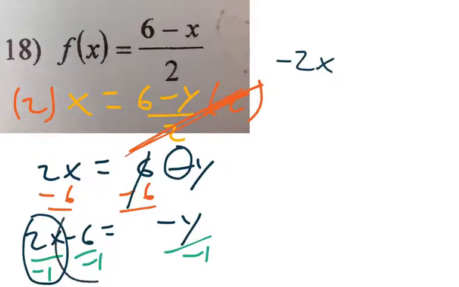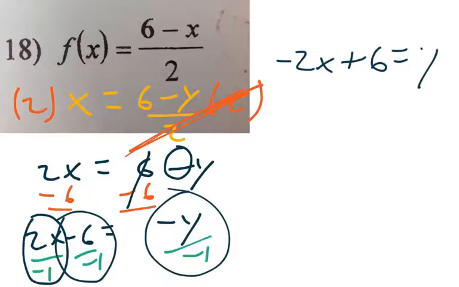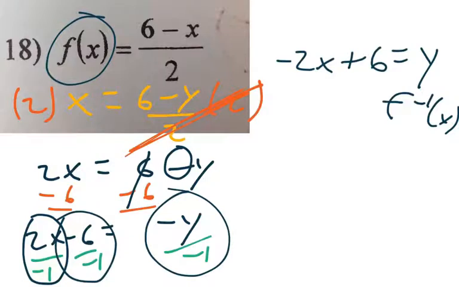Negative 2x. What's negative 6 divided by negative 1? Positive 6. Equals negative divided by negative is positive y. In this case, the y is f inverse of x because we started with f of x. And so therefore, negative 2x plus 6 is f inverse of x.